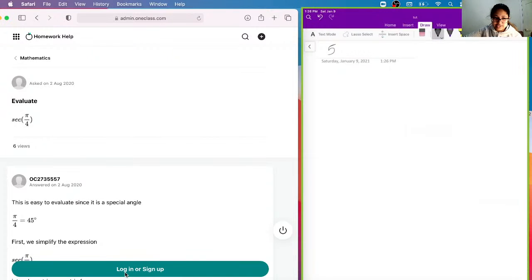Okay, so our next question says evaluate secant pi over 4.